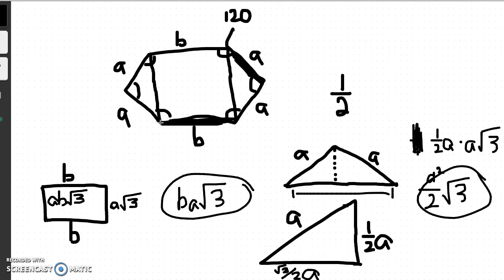The four sides with length A form the hypotenuses of four 30, 60, 90 triangles: 1, 2, 3, 4. With short leg A over 2 and long leg A root 3 over 2, the sum of the areas of those four triangles is 4 times A over 4 times A root 3 over 2, which equals A squared root 3 over 2. The area of the rectangle is B times A root 3.